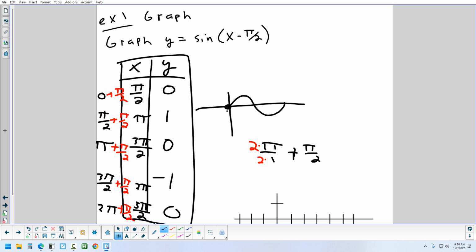Now, we started with 5 values, and they were all equally spaced. We took every one of those values and we shifted them right by the same amount. Are these new values still all equally spaced? Yeah, because we started with values that were equally spaced.